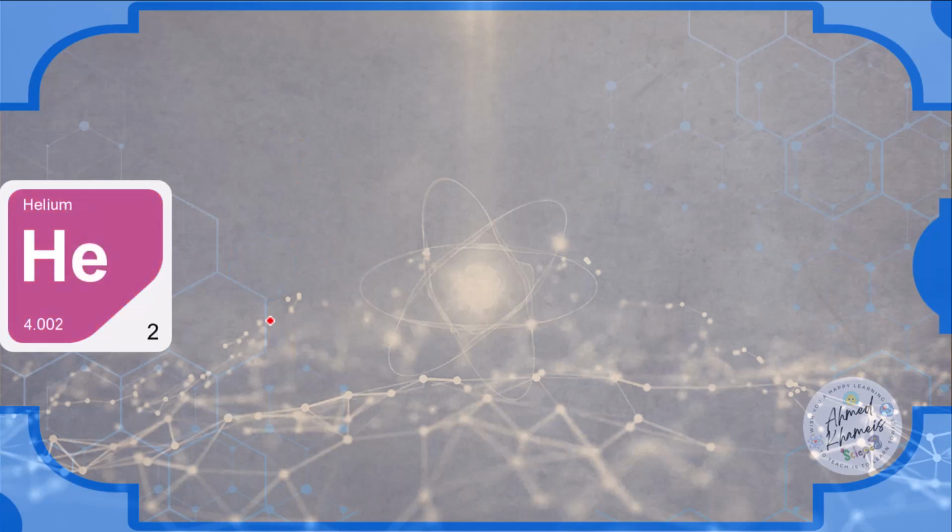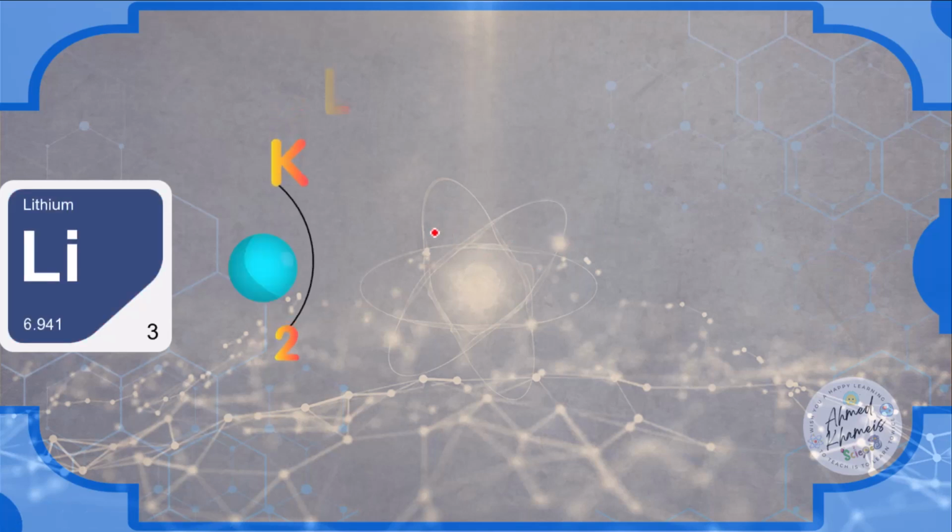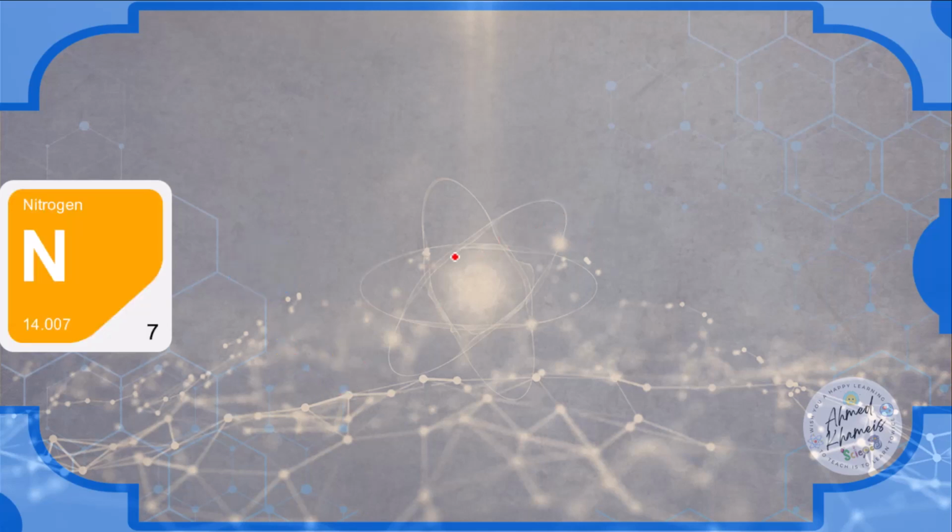For helium, 2 electrons, so it's inactive. Lithium, the L should have 8 electrons, but it has less than 8 electrons, so lithium is an active element.